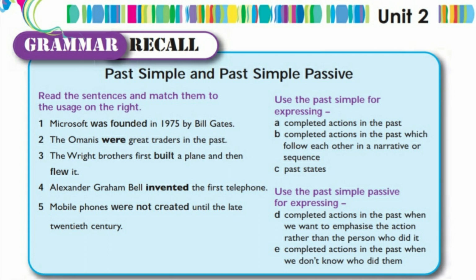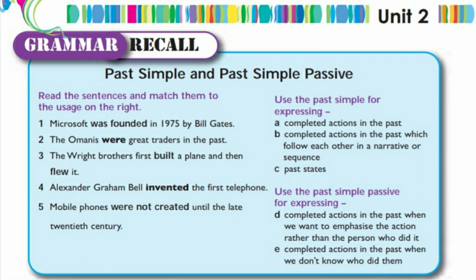The second step to do this task is to look at the meaning of the sentences. Which sentence from the second, the third, the fourth expresses a finished action or a completed action in the past? And which one expresses a sequence of events in a narrative?